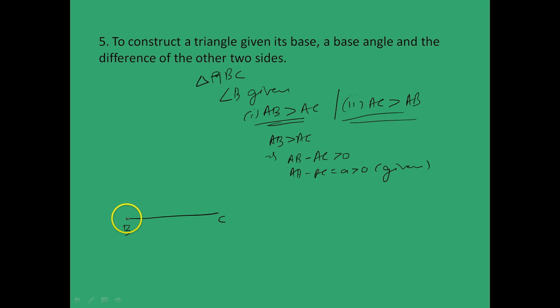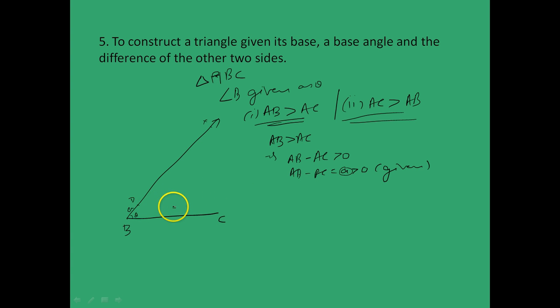First obviously draw out the angle. This is a ray, and this is the angle theta. Let's just say angle B is given as theta. Using your compass with a as the radius and B as the center, cut out a, and let's call this point D. So BD is equal to a.